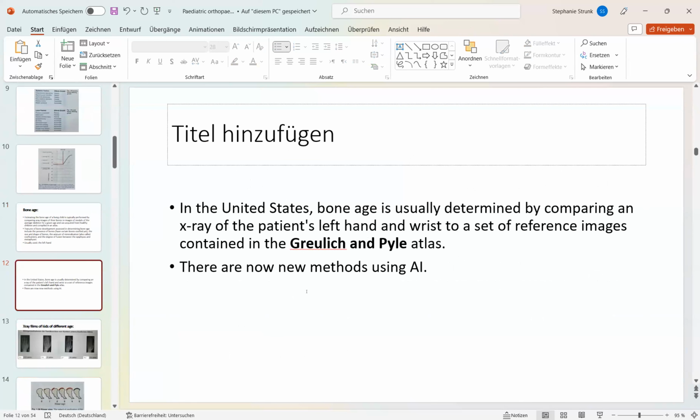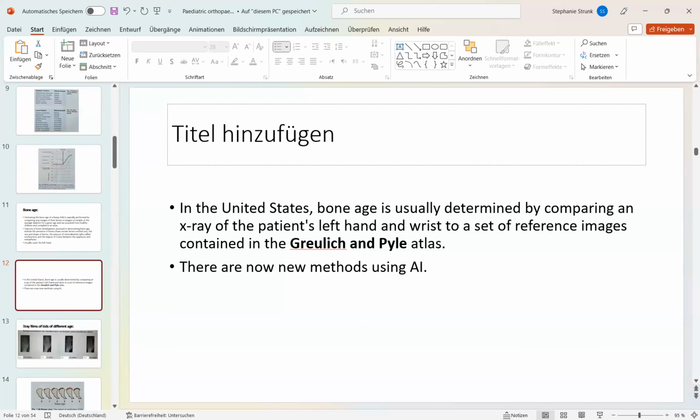In the United States, bone age is usually determined by comparing an X-ray of the patient's left hand and wrist to a set of reference images contained in the Greulich and Pyle Atlas. This atlas was compiled, I think, in the 50s and 60s, and is all of white children living in the area where those guys were working.